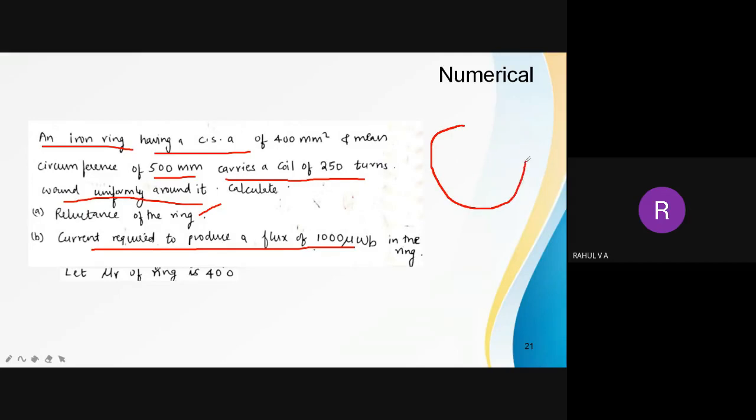This is a circular ring, and a winding is there, and because of the current flow through that winding, there is a flux flowing through this material.